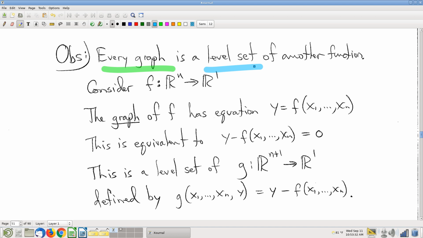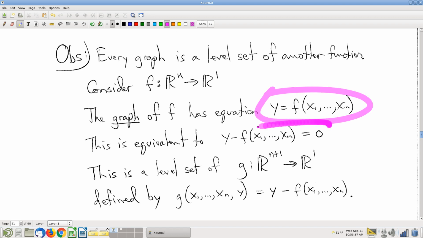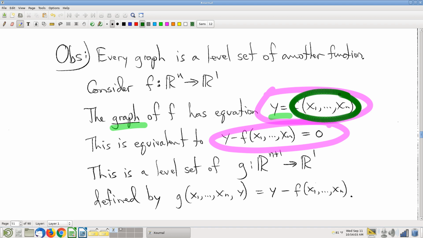This is actually easy to prove. It comes from noticing that these two equations here are totally equivalent. All I did is take the right-hand side and whip it over to the left-hand side. I hardly did anything. But notice what we're looking at in the top equation. We're looking at a graph, specifically a graph of this function f.